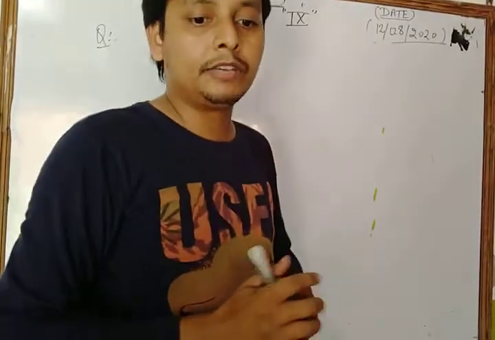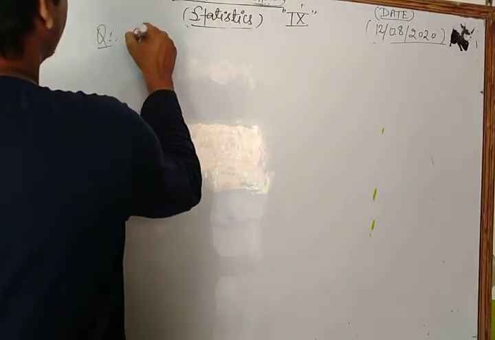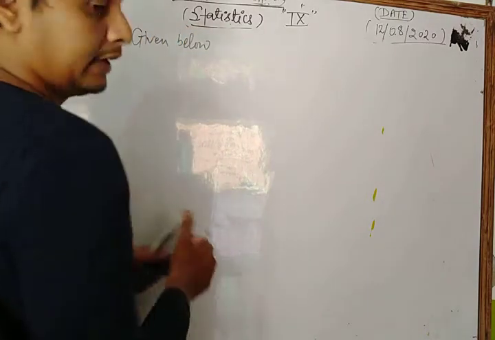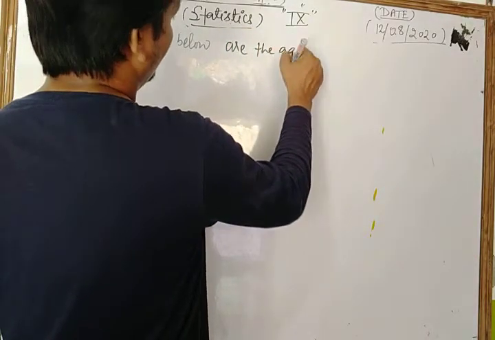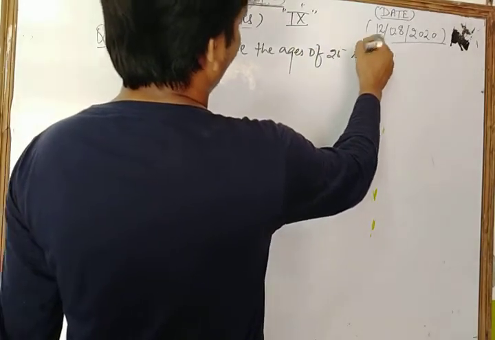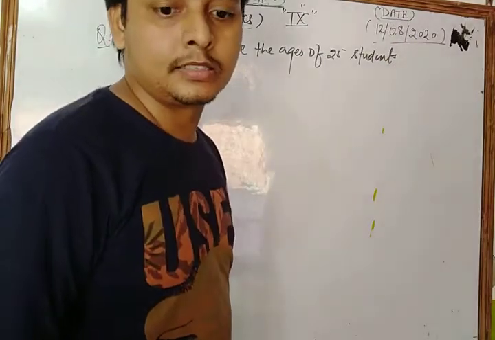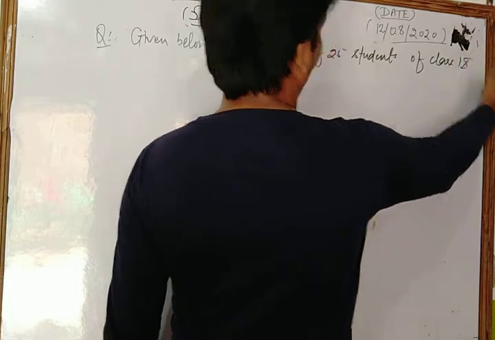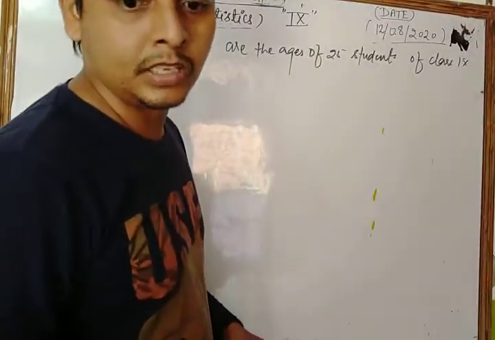Your question is: given below are the ages of 25 students of class 9th in a school.